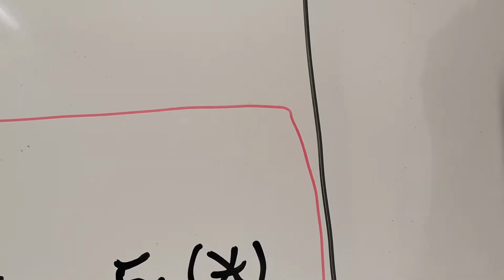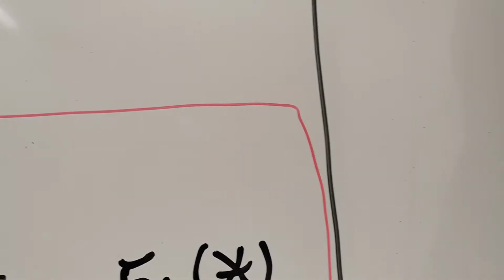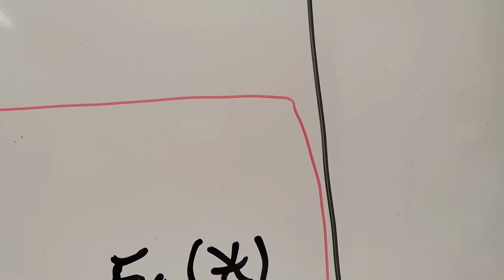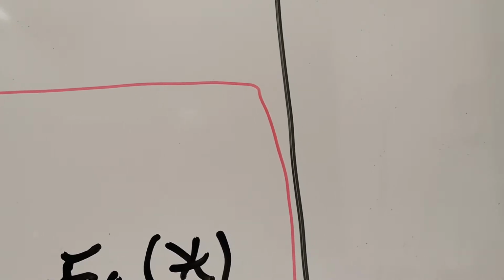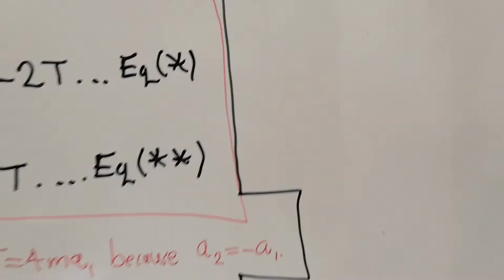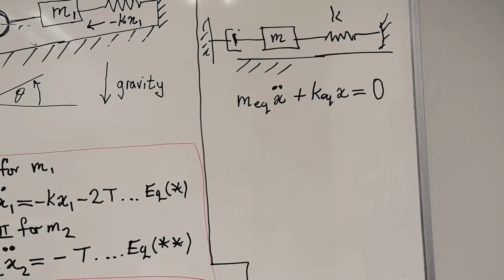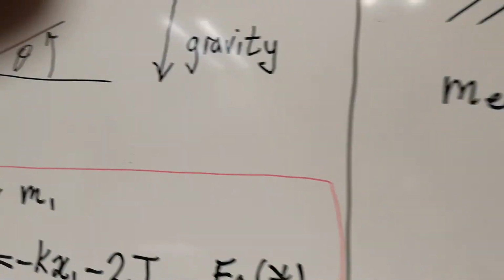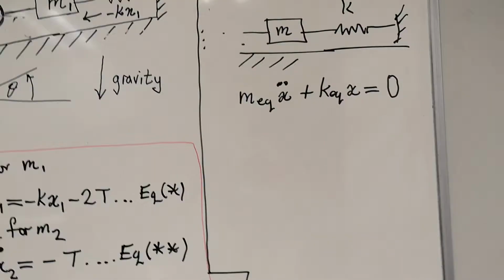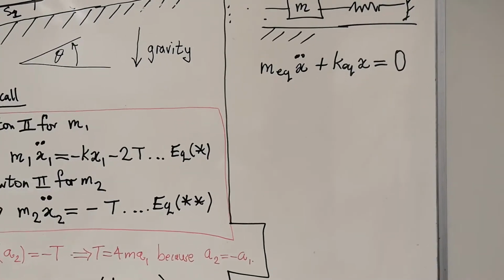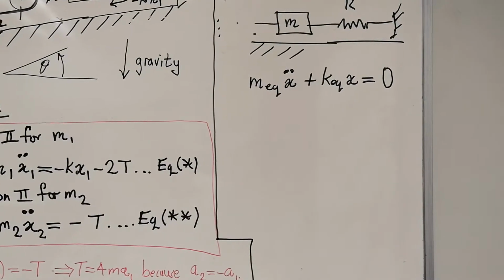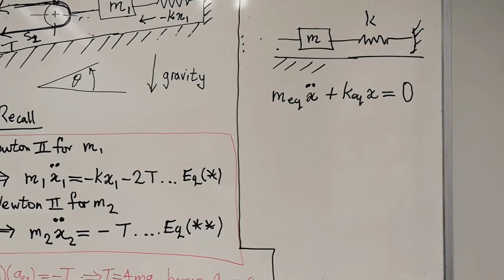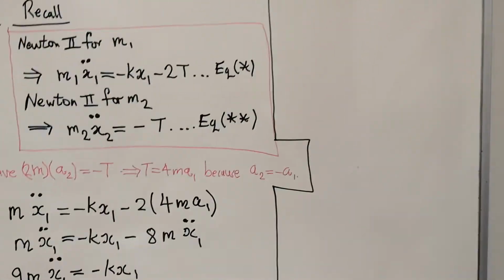The standard equation is m x double dot plus k x is equal to 0. So for a mass and a spring, disregarding the damper for the moment, that is the standard form, and we can then use the standard form to work out the equivalent spring constant.